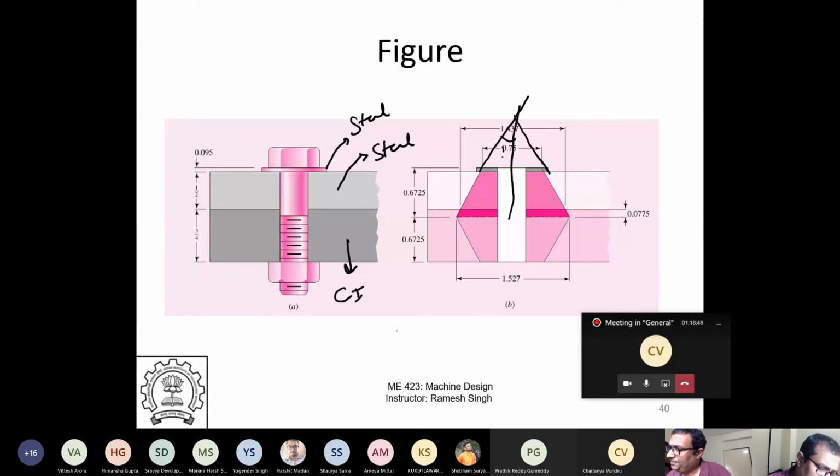I know this is alpha. I know this dimension, which is nothing but 0.75 divided by 2. I have to find this other dimension, so I can do simple geometry and find it. That's all we have to do. Okay, I go back to Mathematica now.